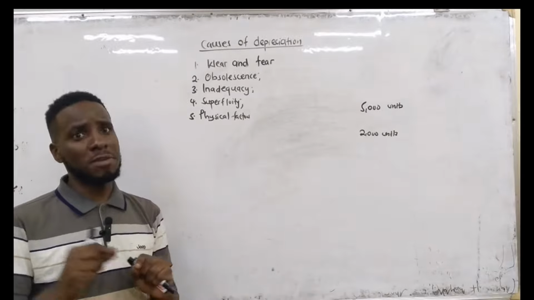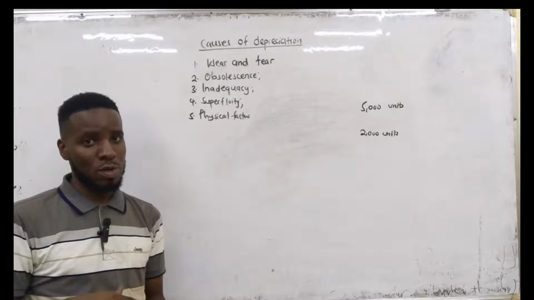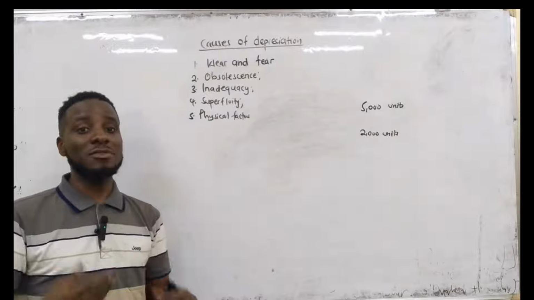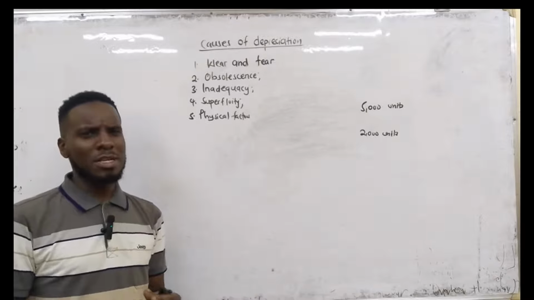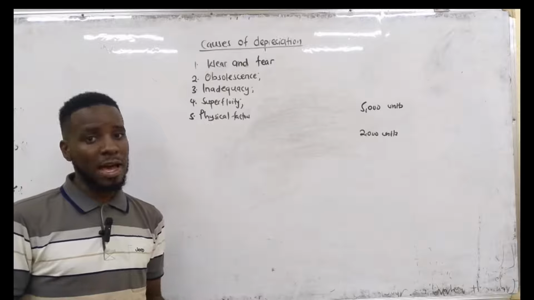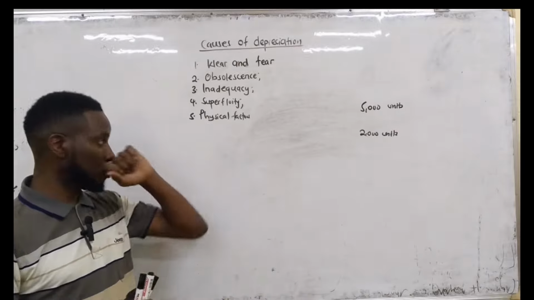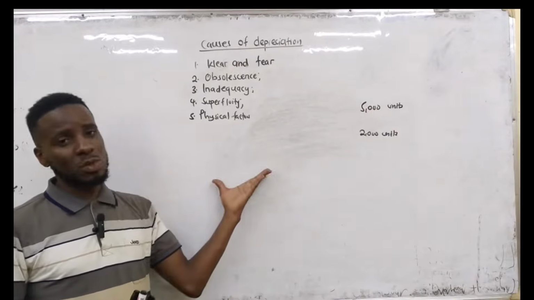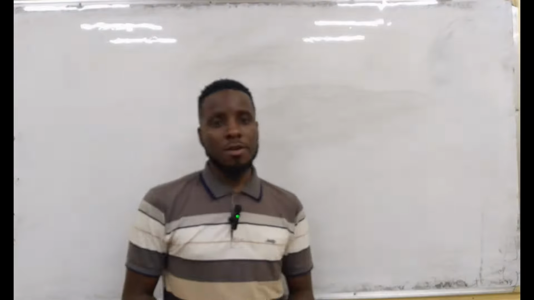For example, if a building is burnt down, that building is going to lose value, and you need to do some repairs and renovations. So that's what we have concerning the causes of depreciation.